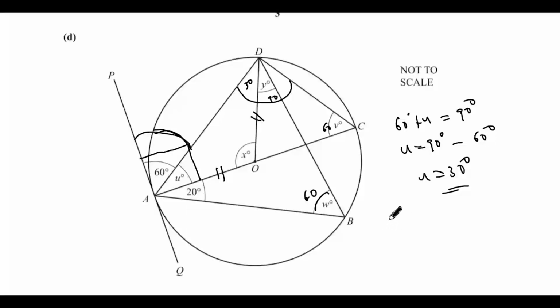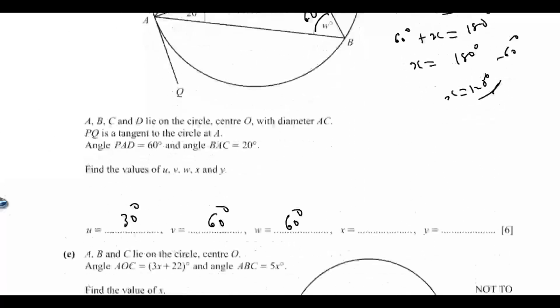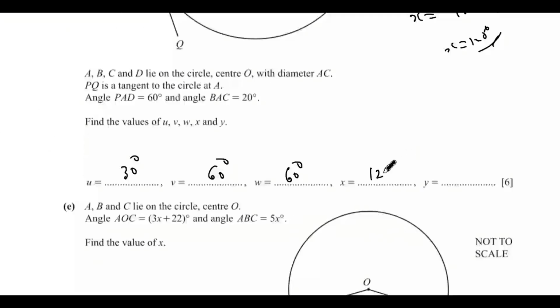The base angles are 30 degrees each. So 30 plus 30, 60 degrees, plus X equals 180 degrees. Then we can make X the subject of the formula. X equals 180 degrees minus 60 degrees, so X equals 120 degrees. That's the value of X, 120 degrees.